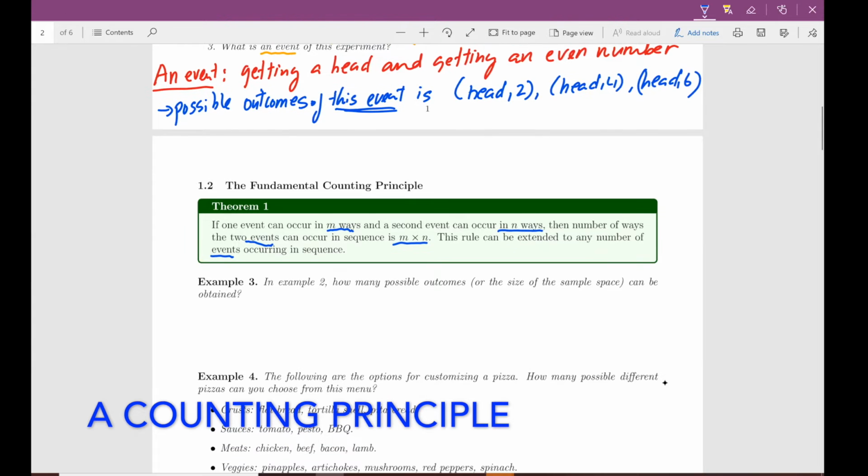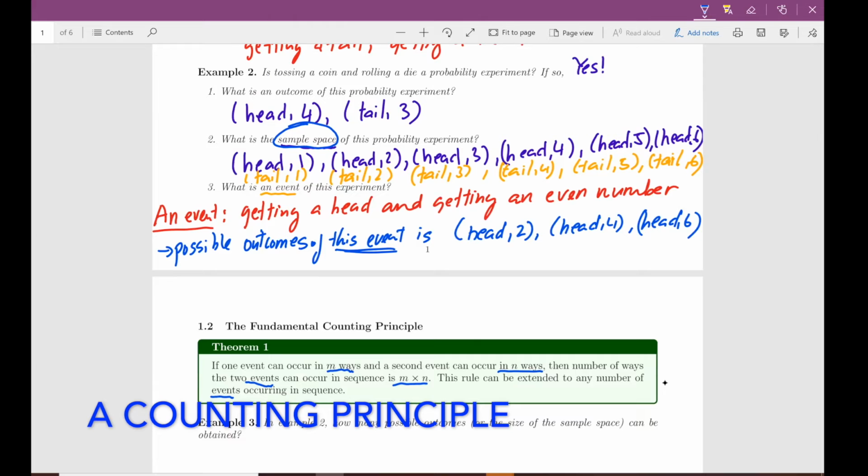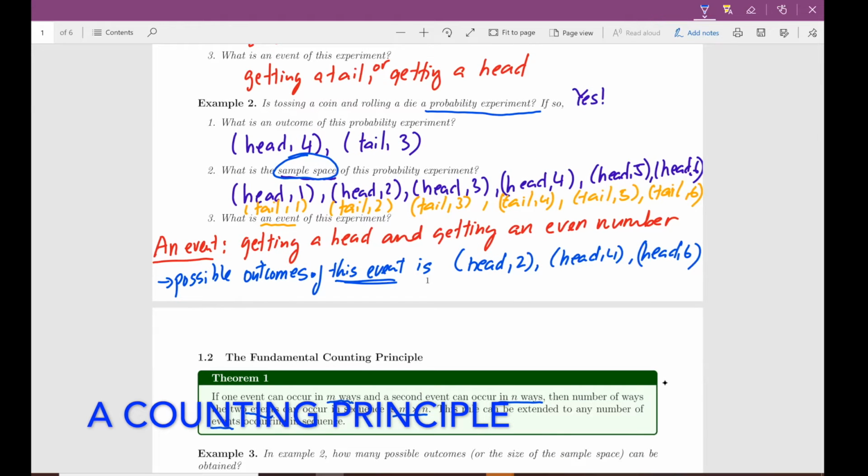All right. So to explain this principle, if you look at this probability experiment, there are 2 different events going on, right? First, you toss a coin, and second, you roll a die. When you toss a coin, there are only 2 possible outcomes, which is getting a head or tail, right? For rolling a die, you get 6 possible outcomes, 1, 2, 3, 4, 5, 6.